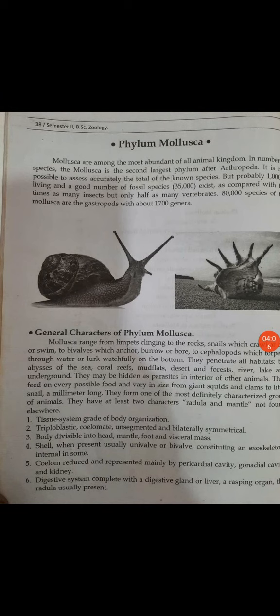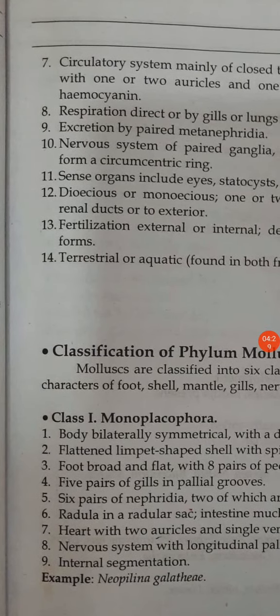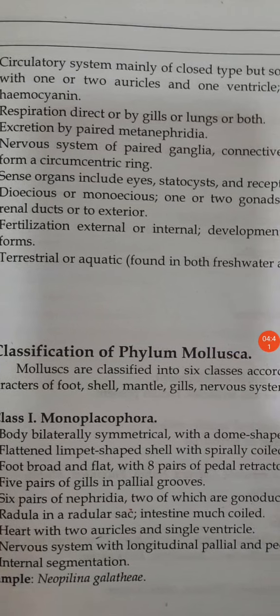Then next, the circulatory system is mainly closed type, but some empty into sinuses, heart with 1 or 2 auricles and 1 ventricle, blood with amoebocytes and hemocyanin. These are the pigments present in the blood. Then respiration is direct or by gills or by lungs or both. So they have the capacity to respire by means of both gills and lungs.